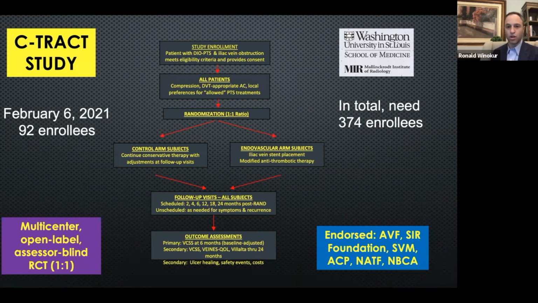And so we need to work hard to enroll more patients who have disabling obstructive post-thrombotic syndrome and iliac vein obstruction and evaluate them to see if they would qualify for the trial. And if so, they should get randomized to conservative care, which is great clinical care. They get compression stockings, they get anticoagulation, they get high quality clinical follow-up, or to patients getting our interventions with iliac vein stenting, because I think good enrollment of high quality patients will lead to excellent results in showing the value of our interventions.